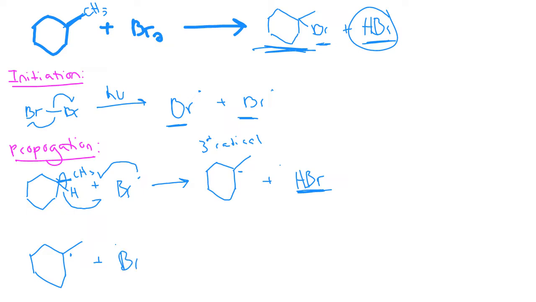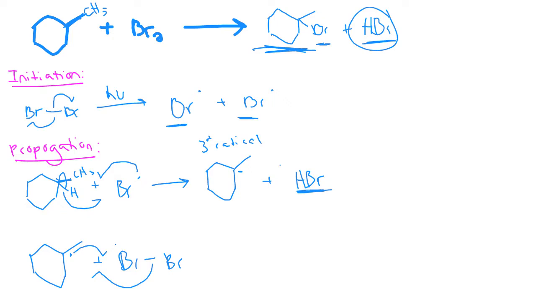Okay, so this alkyl radical is going to attack another molecule of bromine, because remember, not all of these molecules broke apart. So I still have a good amount of bromine to bromine. So that unpaired electron will attack this bond. That bond has 2 electrons. So one of those electrons, after the bond is broken, will go in between here to form a carbon-bromine bond, along with that single electron on the carbon.